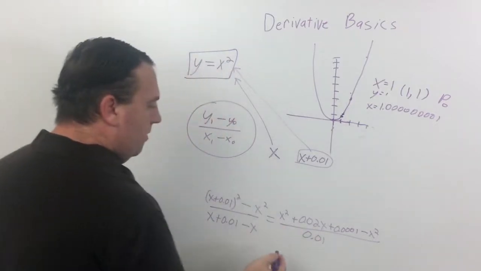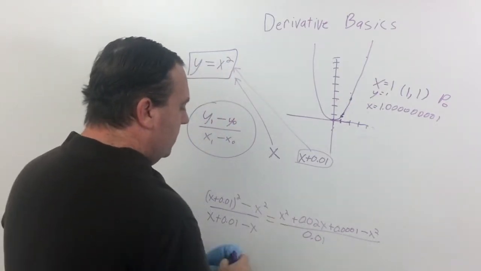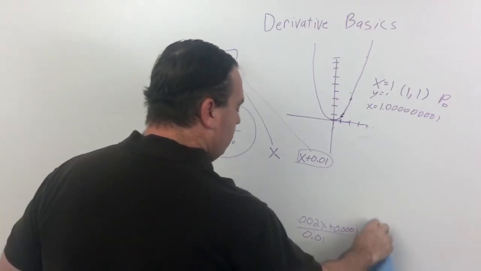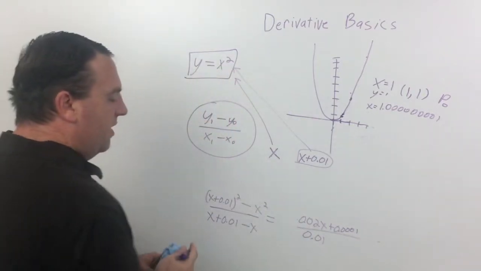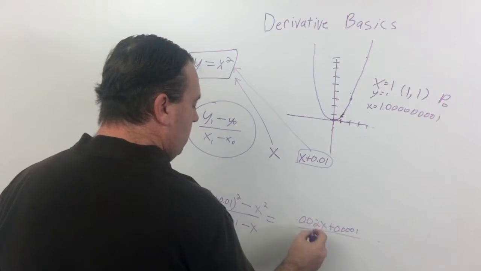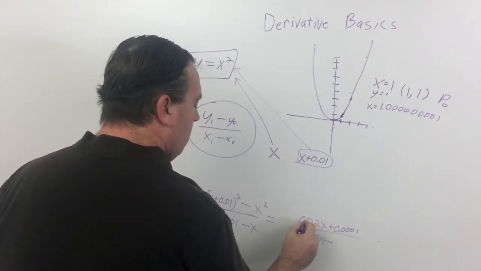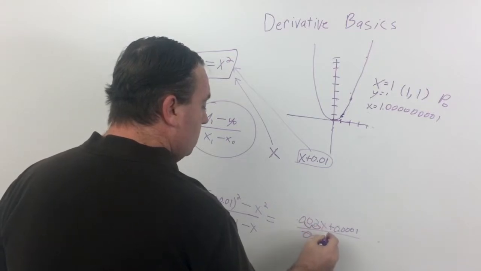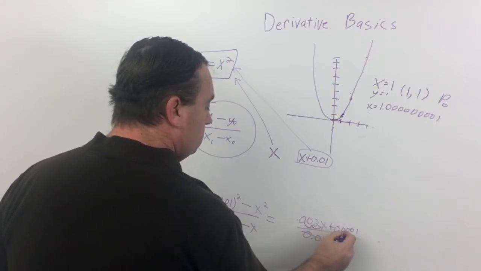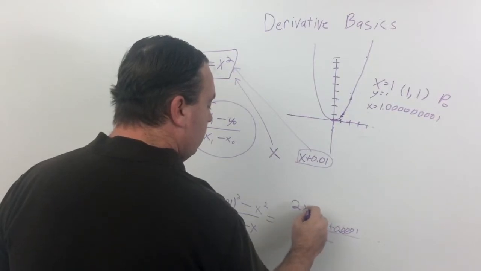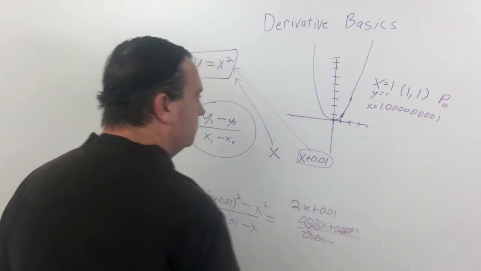And so these two x squareds cancel each other out. And when you divide 0.01 into this, it moves the decimal point over 2 places. So that gives us 2x plus 0.01.